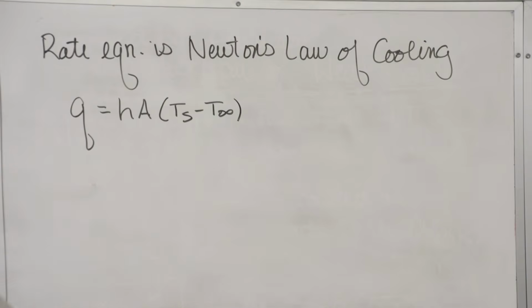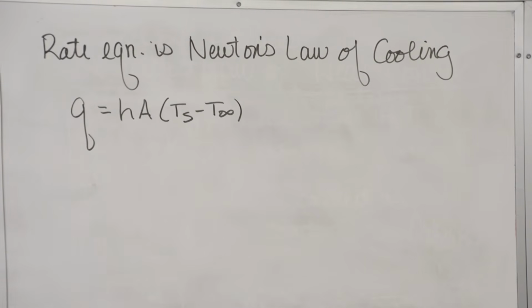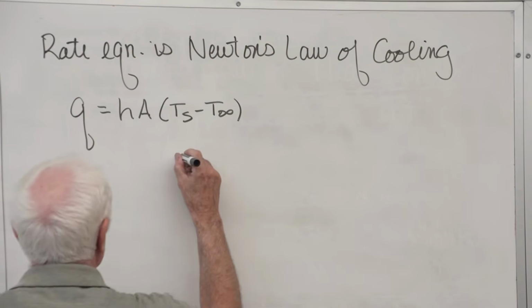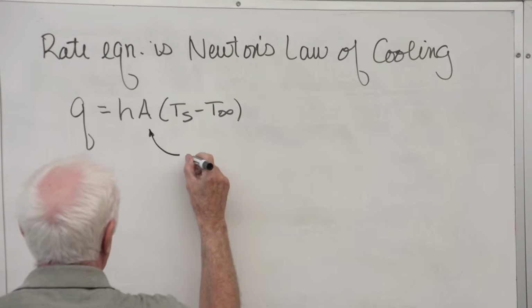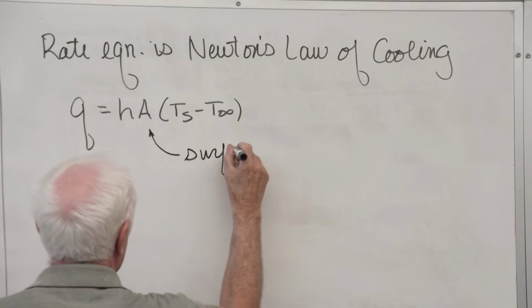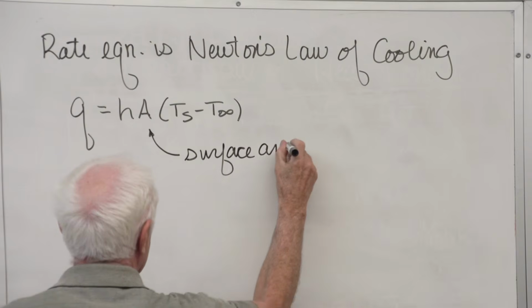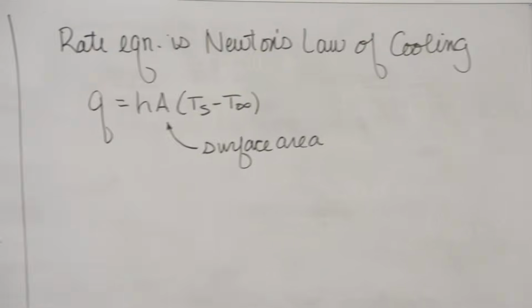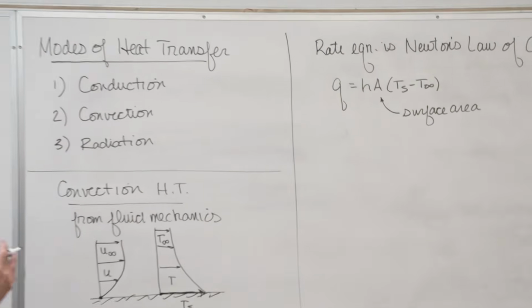Okay, we've defined Ts and we've defined T infinity. A is the surface area. That's the area touching the fluid. The surface area in contact with the fluid.